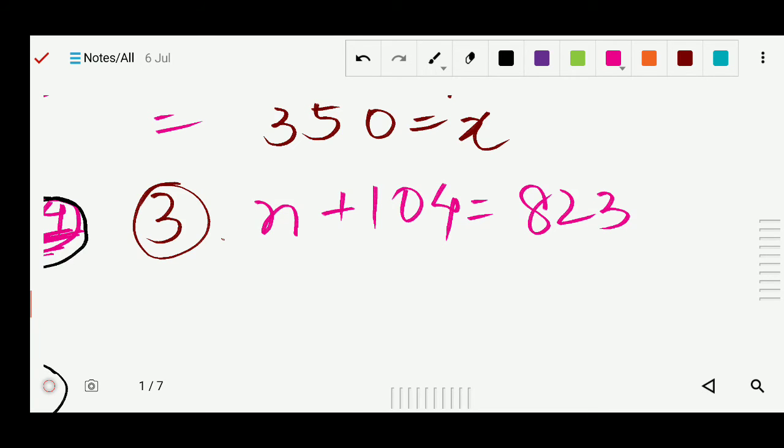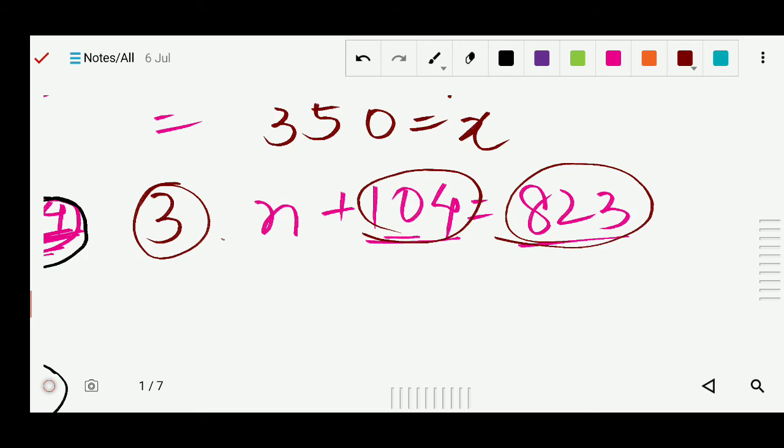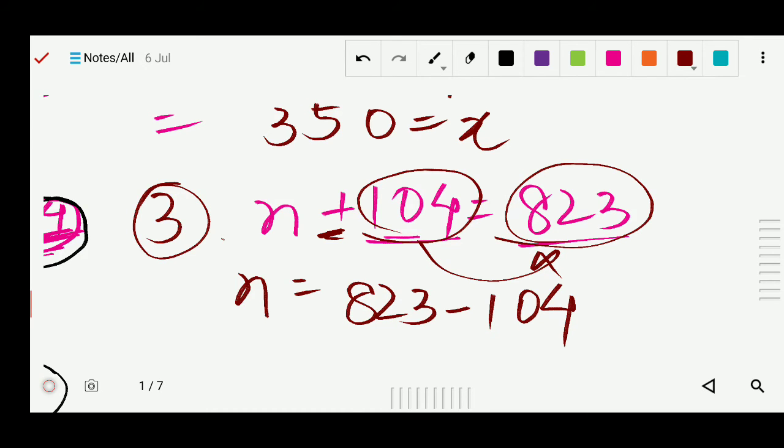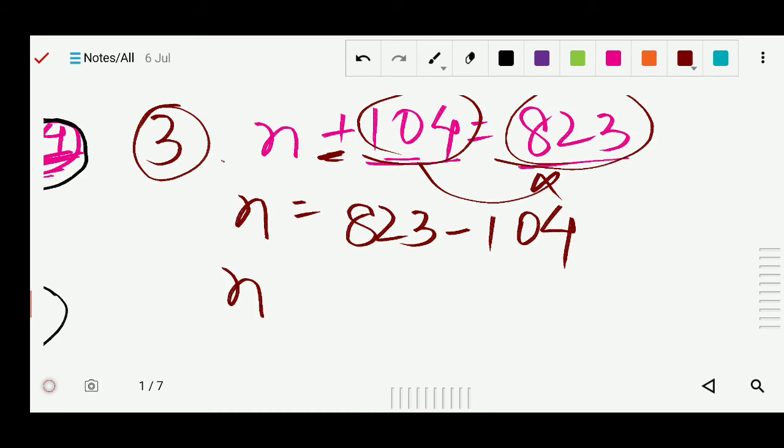Same as with x, we move the numbers to the other side. So n equals 823, and the plus comes over as minus 104. Once again you subtract and you get 719. That is your answer.